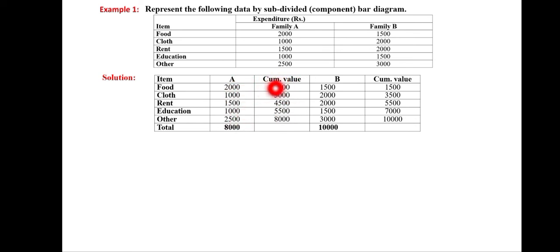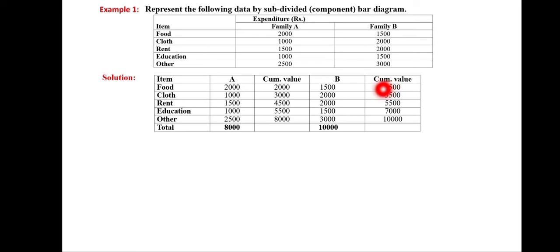To calculate the cumulative values, to this 2000 you have to add 1000. 2000 plus 1000 is 3000. Next 3000 plus 1500 is 4500. Plus 1000, that is 5500. Plus 2500, that is 8000. Okay. So you can verify in this way, this total 8000 and this 8000 should match.